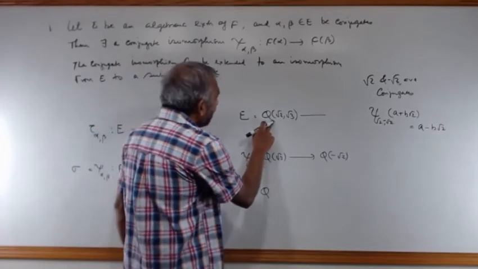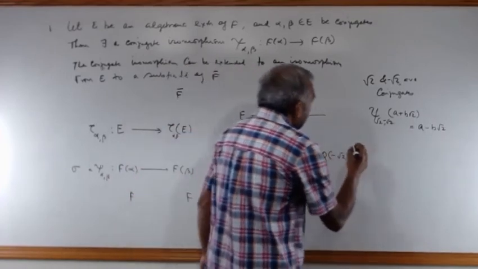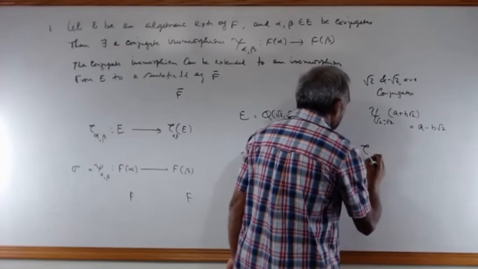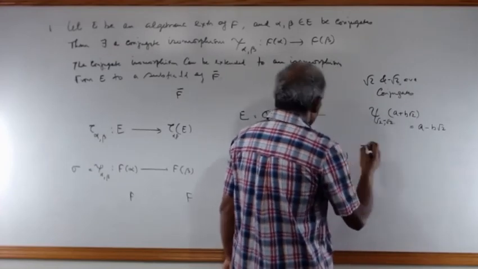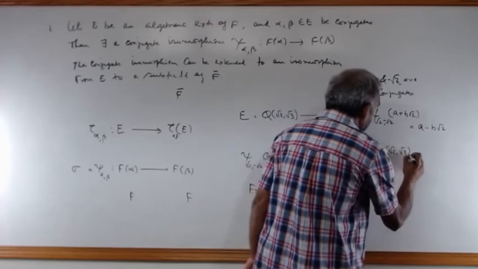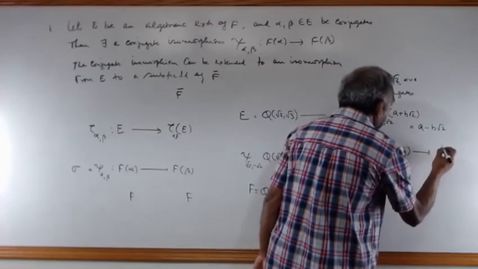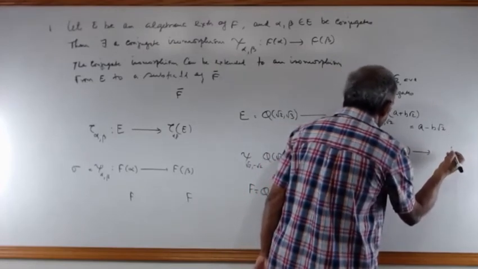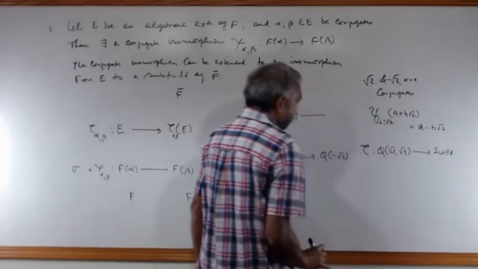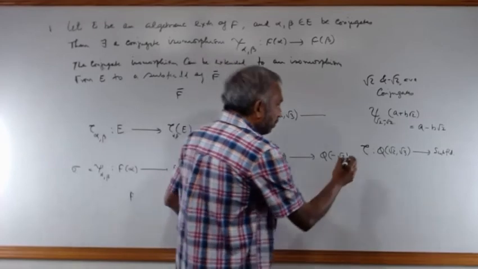So what is the general element here? So let us define tau from Q of root 2 comma root 3 to a subfield. I'm going to just write it as a subfield.